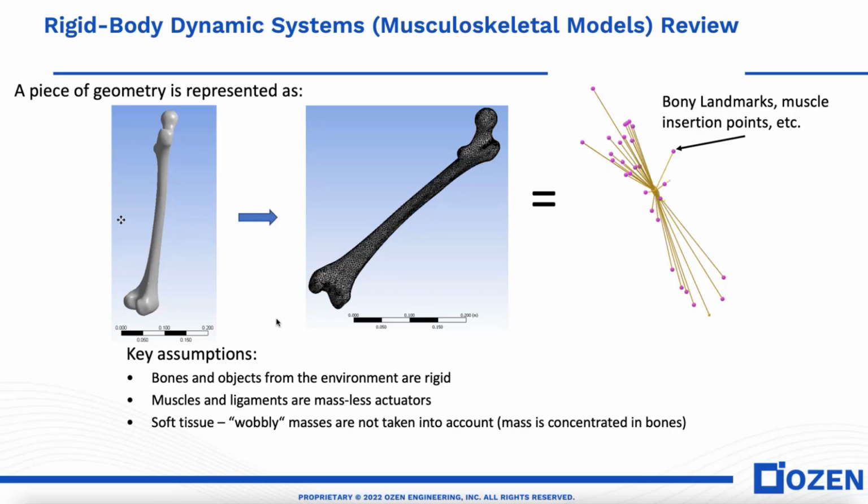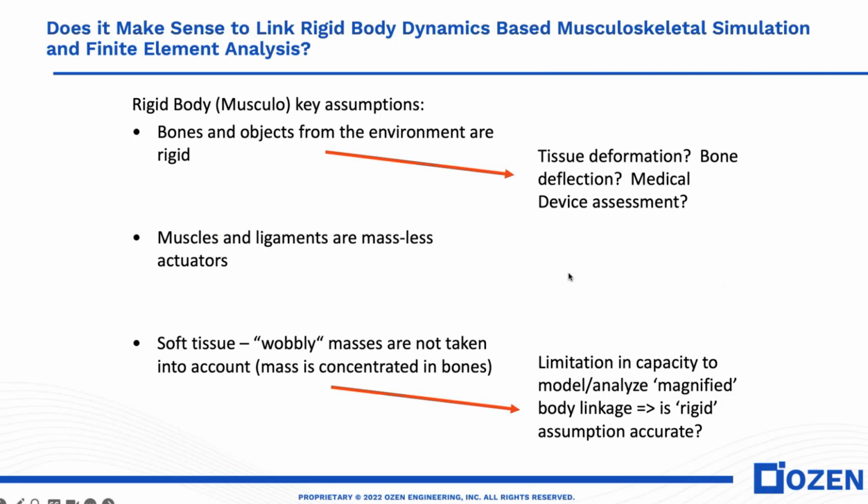So in the finite element analysis part, the input that we get from the musculoskeletal models are the muscle insertion points, meaning where the muscles are attached to the bones, and that's where we need to input the muscular forces. That's going to be accounted for in the finite element model.